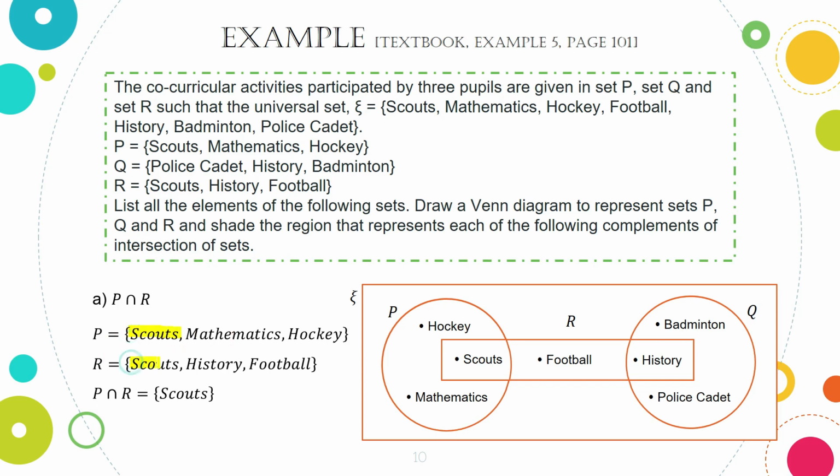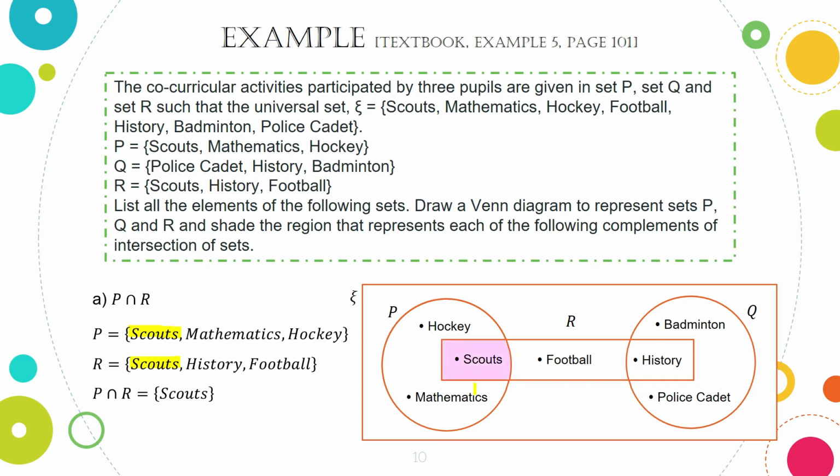So the element of P intersect R is Scout. From this Venn diagram, we shade the Scout region, which is this part. This is the answer.